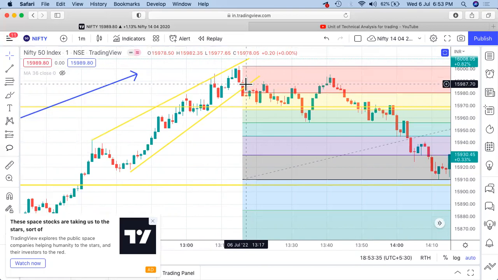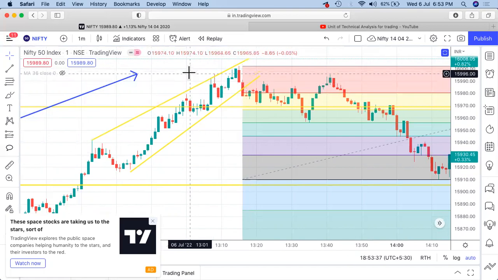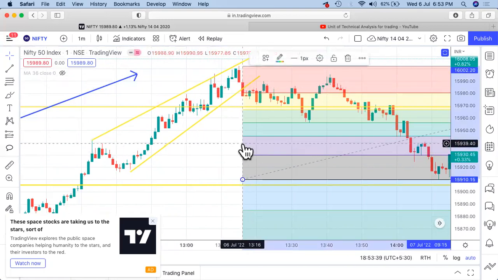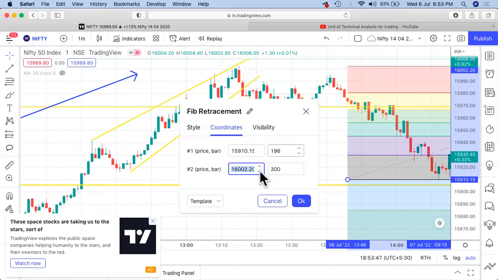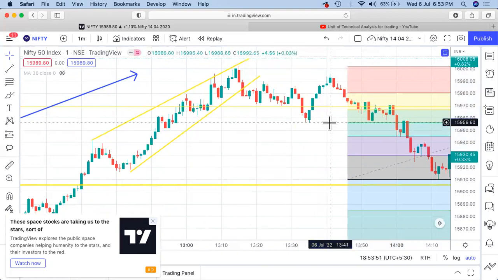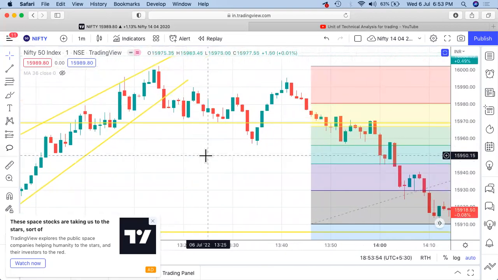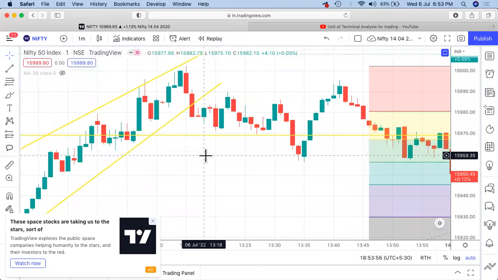This is the first part, but we don't have to trade on the basis of that. Where we trade and how we trade, again we'll go for Fibonacci, because that is the basic tool that we have been using, and we'll always try to trade on the basis of Fibonacci only, because that is the tool we have been much more comfortable with, and it gives us more accuracy, right?